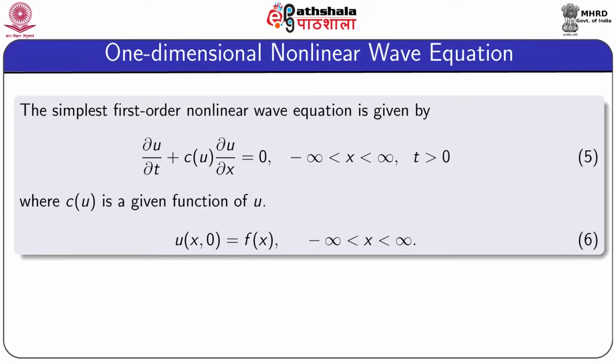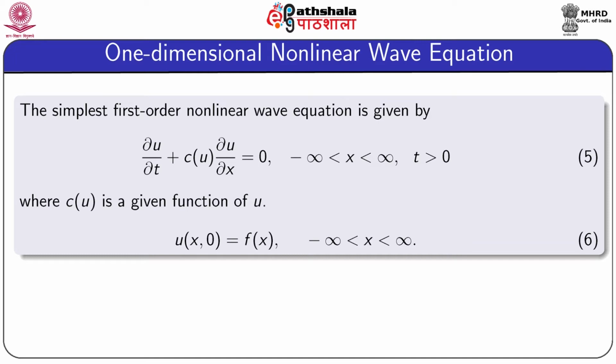The simplest first order nonlinear wave equation is given by ∂u/∂t + c(u) u ∂u/∂x = 0. In the earlier slide, c was a constant, but in this case c is now a function of u. Therefore, equation 5 is a nonlinear equation.